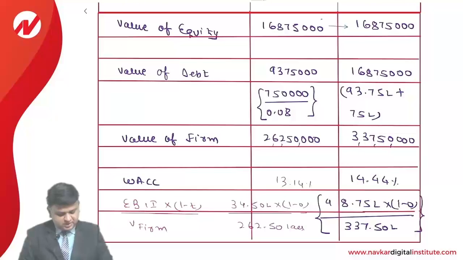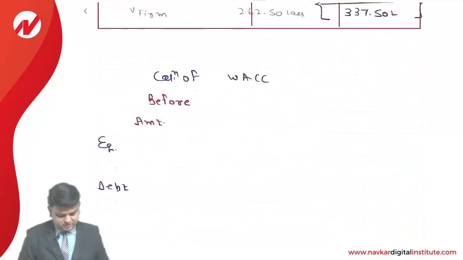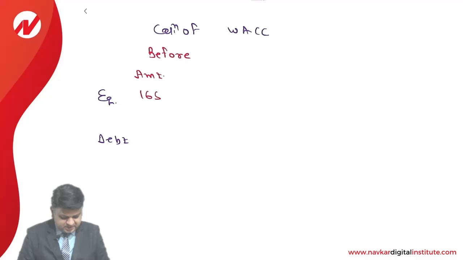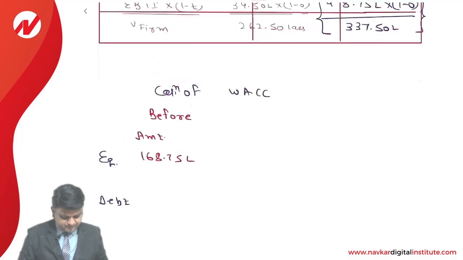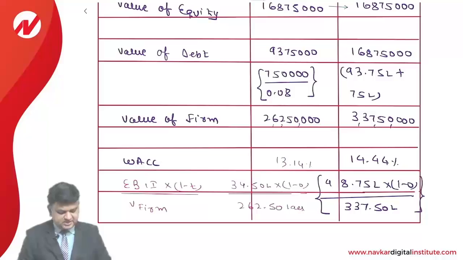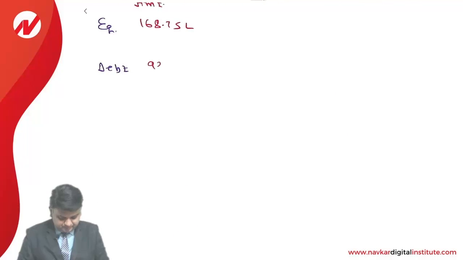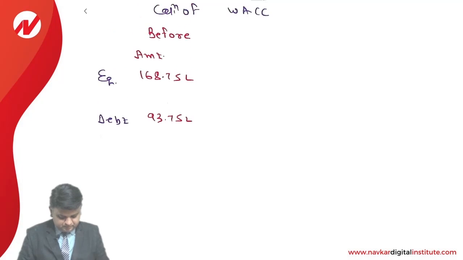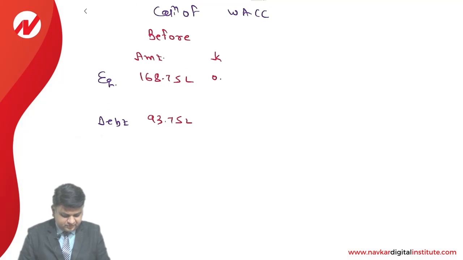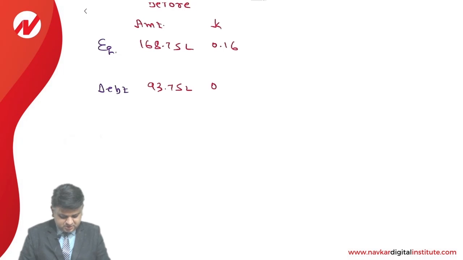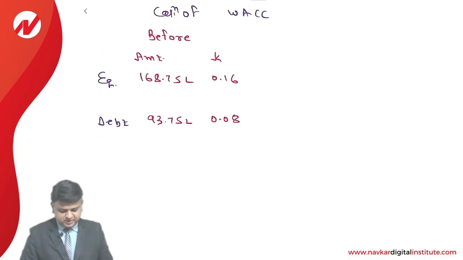Amount is 1 crore 68 lakh 75,000, so 168.75 lakhs. And as far as debt is concerned, 93.75 lakhs. Cost of capital 16% and cost of capital 0.08.